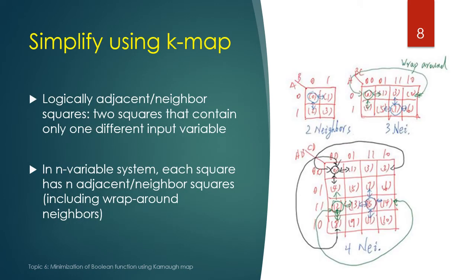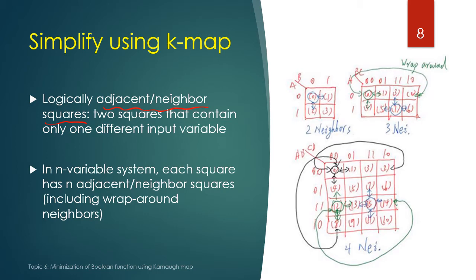Okay, after the translation, we are ready to do the simplification. But before I explain the steps to simplify, we first need to understand an important concept in the K-map. That's the adjacent or neighbor squares.